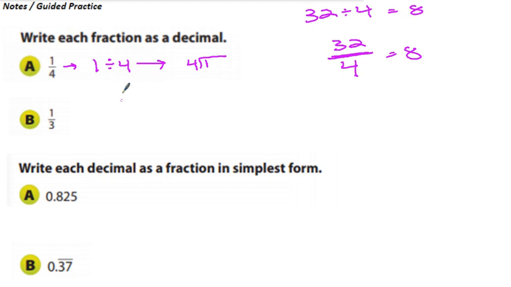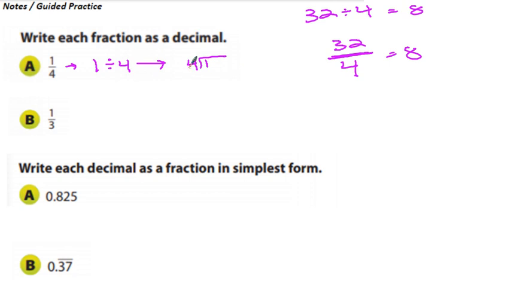A lot of people would put 4 inside and 1 on the outside, but that's not the case. The top dog always goes inside the house, and the bottom one comes over here to the outside. So 1 over 4 is really just 1 divided by 4. And then from here, you would just have to do some division.